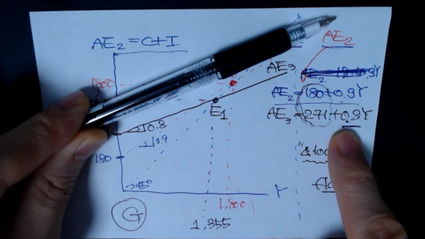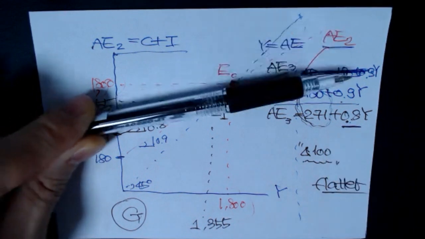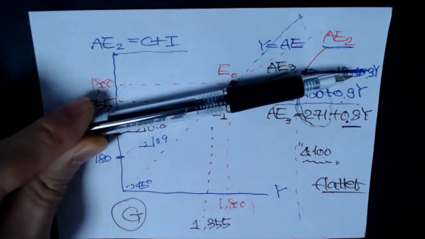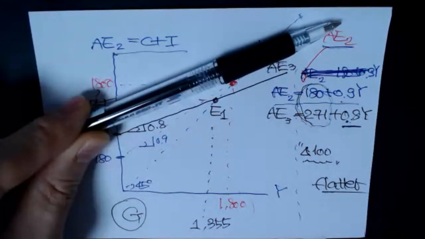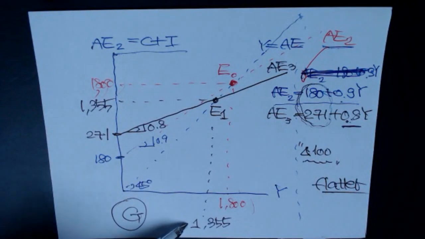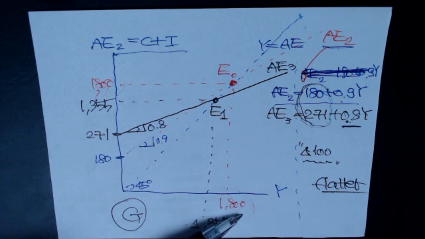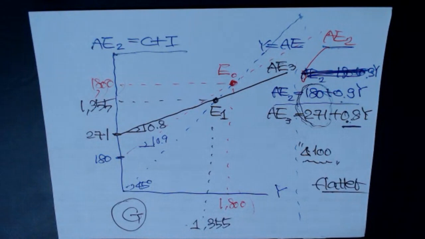So the household tendency to spend should decrease, so it becomes flat like this. Okay. And the outcome in our example is 1,355. As I said, this one can happen above 1,800. It depends on our calculation entirely.